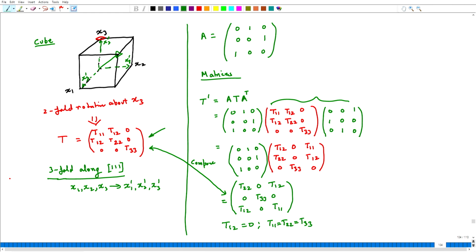What does this mean? Well, this implies that for this combination of axes, a two-fold along x3 and a three-fold along the body diagonal gives me a tensor which has only the diagonal terms and all of them are equal.